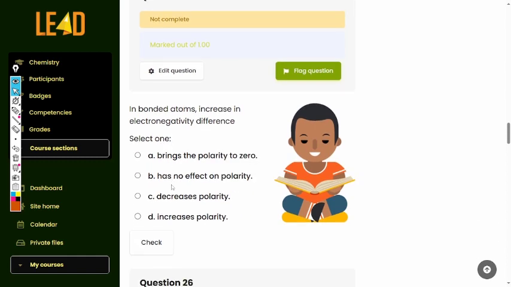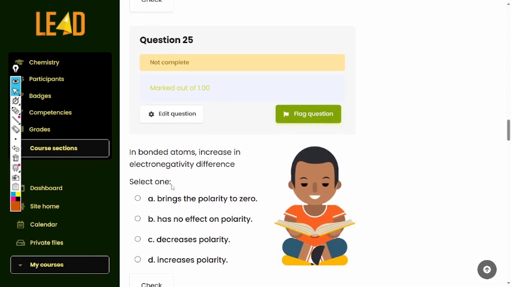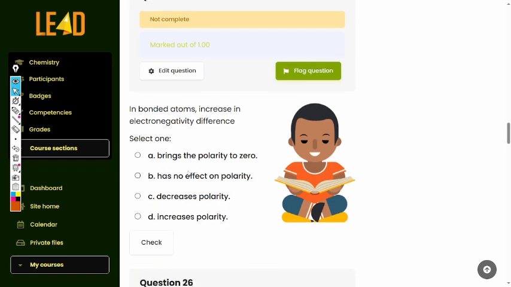25. In bonded atoms, increase in electronegativity difference... Okay, so how does it affect polarity? Polarity here in a molecule or a compound refers to the partial positive and partial negative sides of that compound.